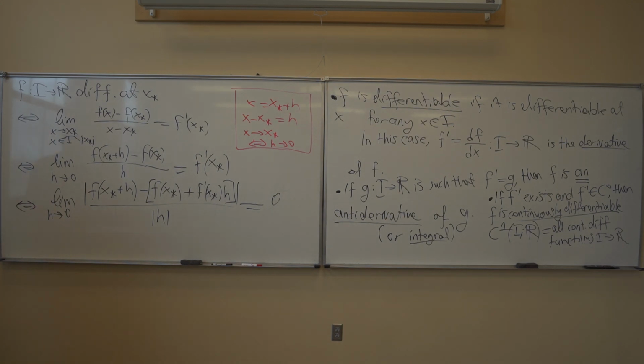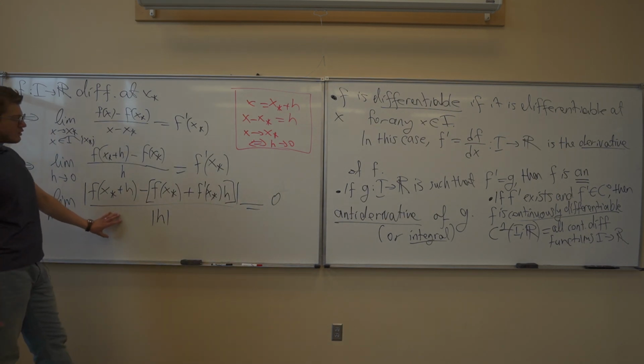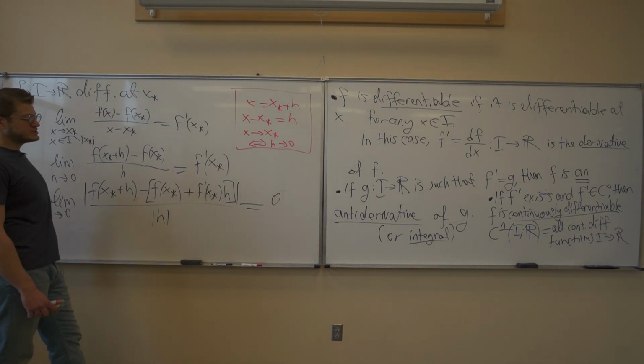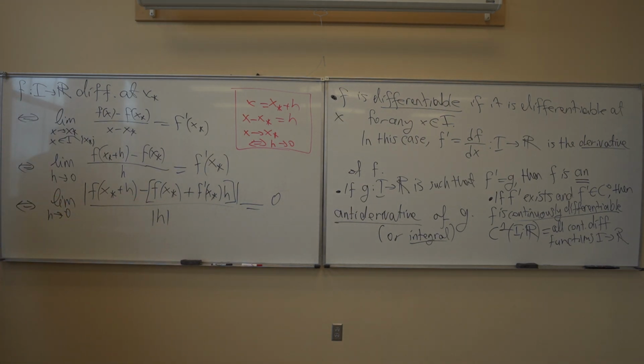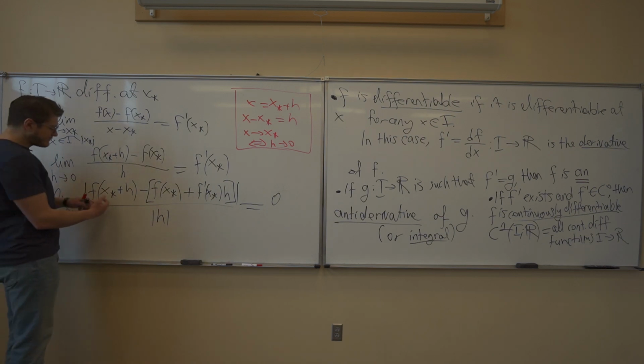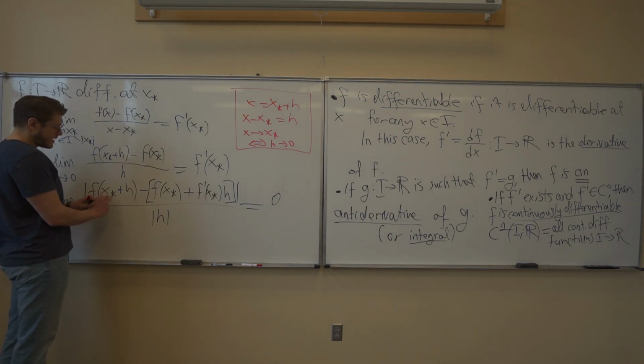Now, this is the form where this first interpretation is the most apparent. What this is saying is that I have this function f. I'm trying to understand how it behaves near x star.